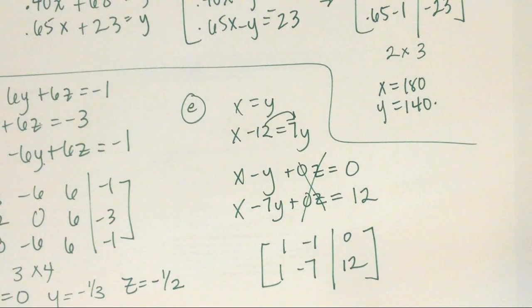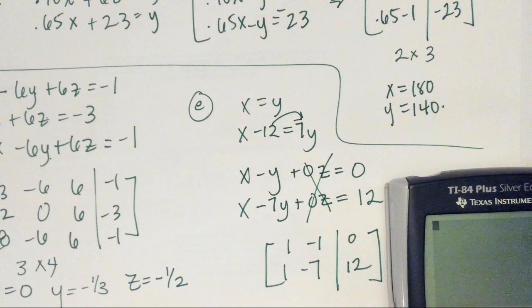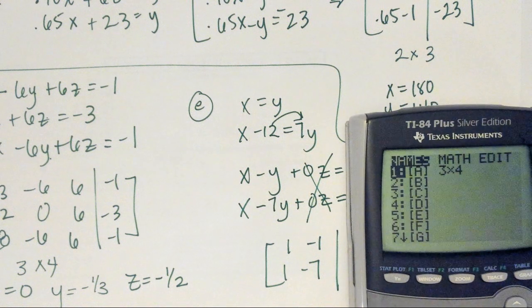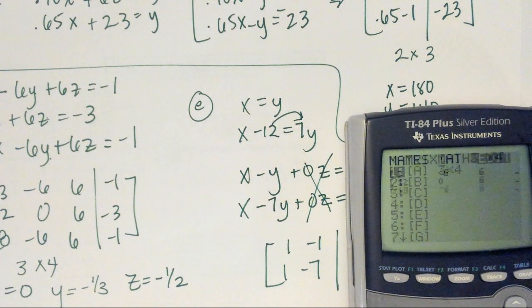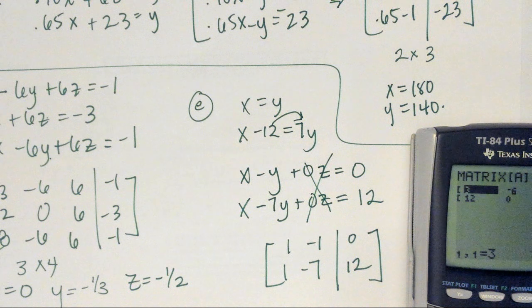And so I'm going to go into my calculator, and I'm going to go to second matrix, and then I'm going to go to edit. And this is a 2 rows by 3 columns, so 2 by 3. So plug in your numbers.